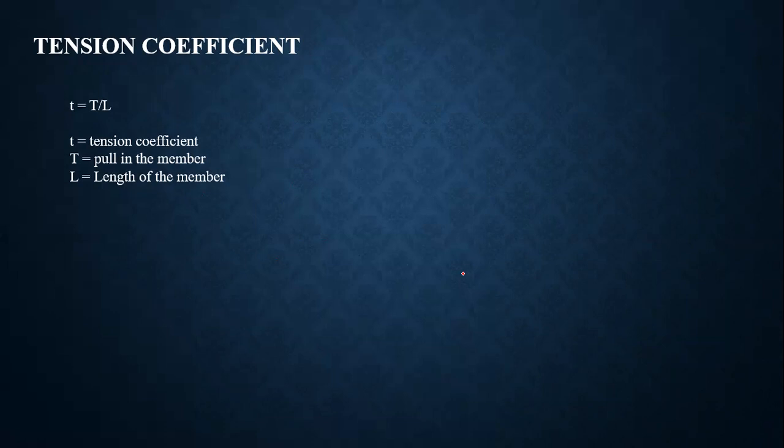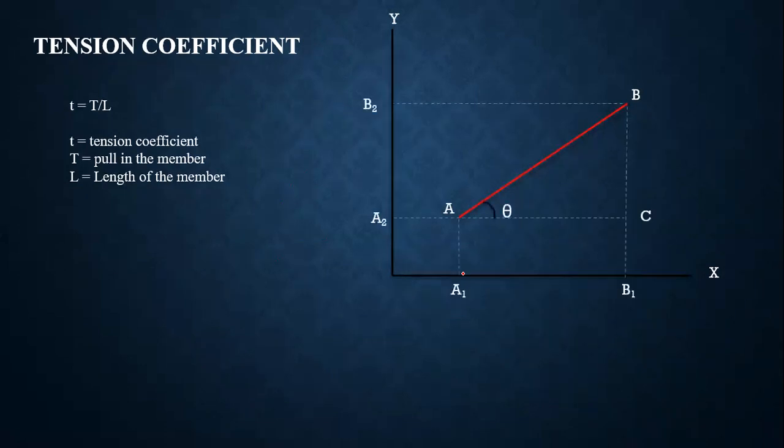Before considering a member, first we choose a plane, the XY plane, and now consider a member AB. A1 and B1 are the reference points on the X axis, and A2 and B2 on the Y axis. The coordinates of point A are XA comma YA, and of B are XB comma YB.